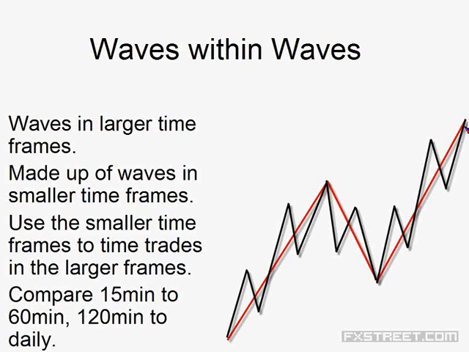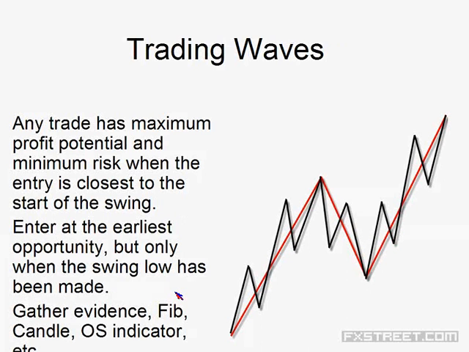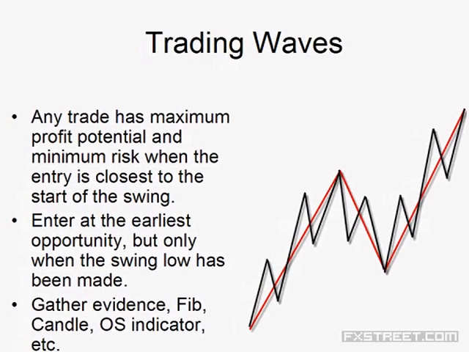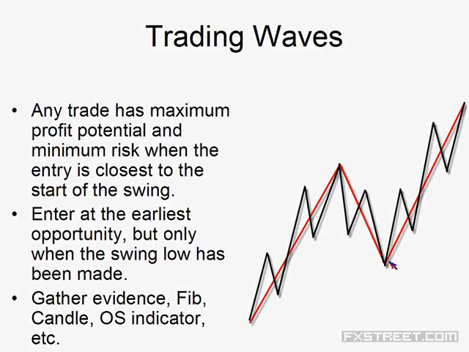So with the subdivision of waves, it can give us some fine-tuning to turn the analysis into a practical trading tool. So the optimum time to get in on any trade is at the start of a wave. And we're looking here at the optimum of the optimum, which is to get in at the start of wave 3.